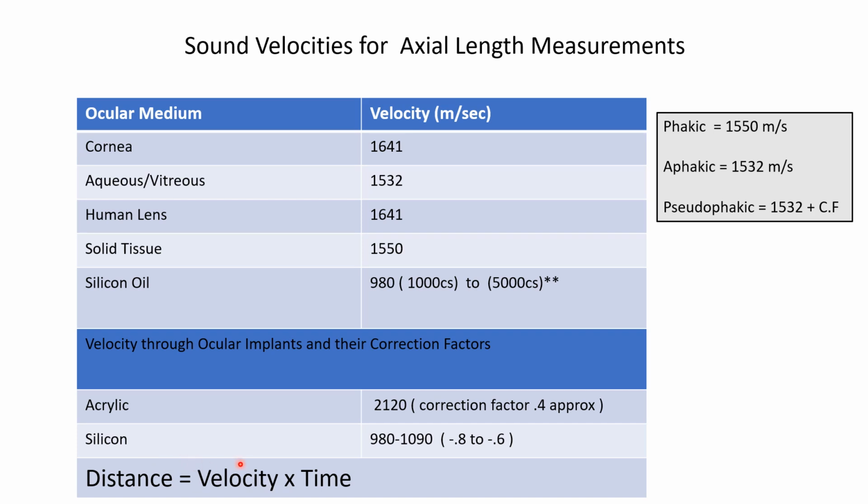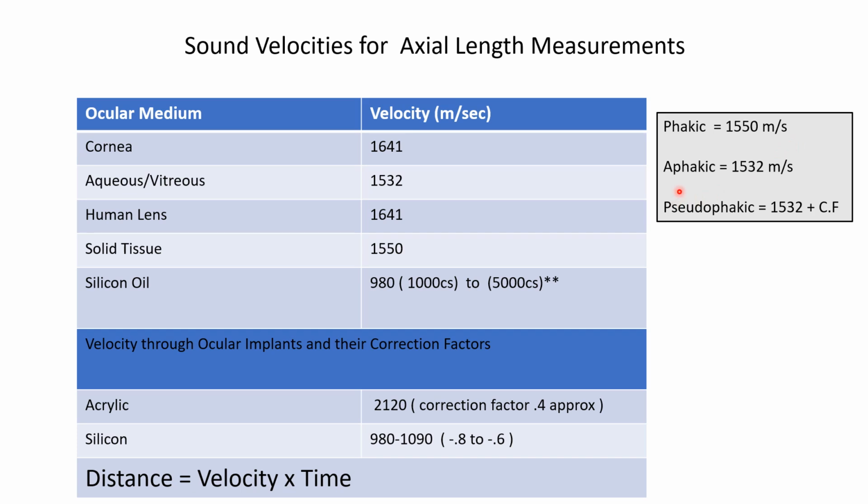Another aspect that needs to be discussed is the phakic sound velocity, which is 1550. Phakic means when the lens is there. So when the human crystalline lens is there in the eye, then the average sound velocity in the eye is 1550 meters per second.